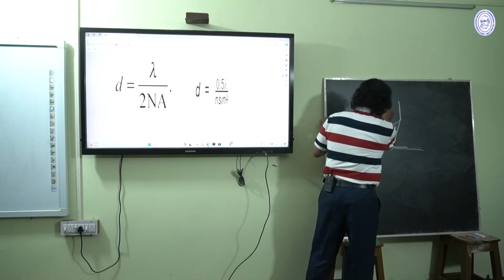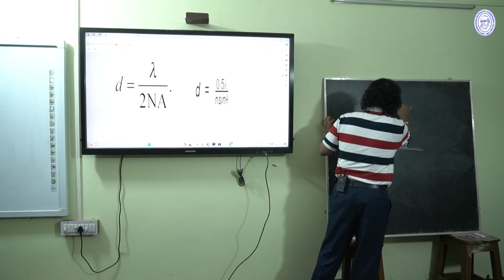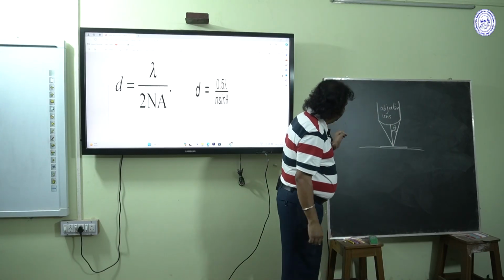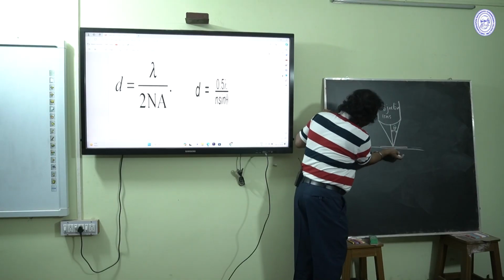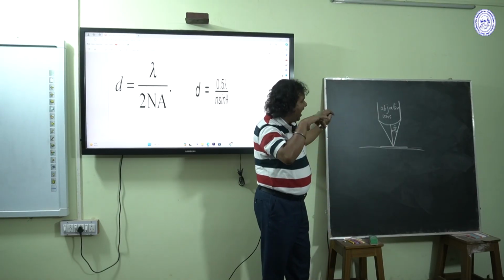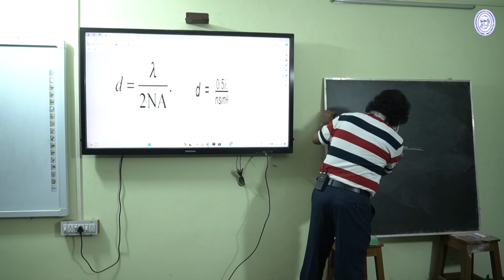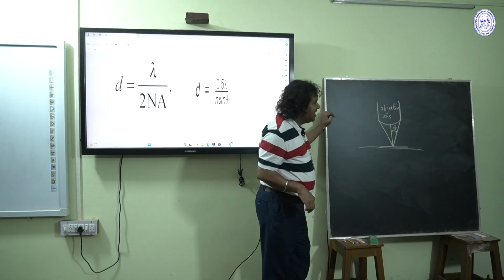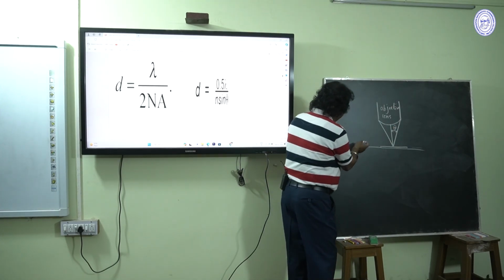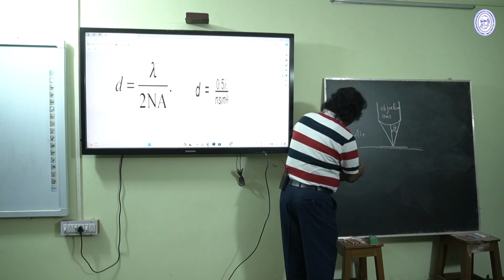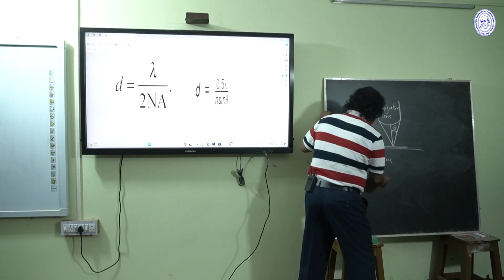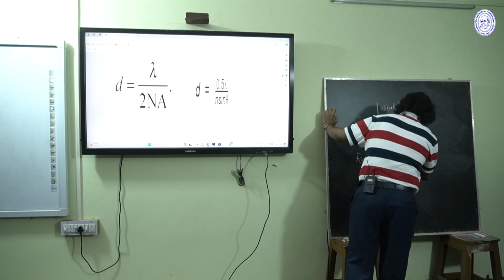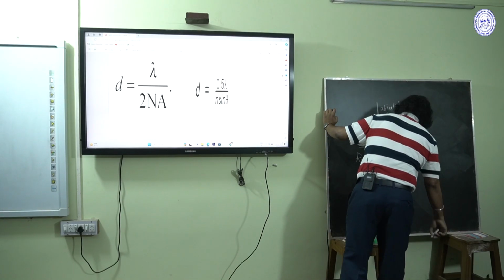This is the objective lens. The light rays passing through the specimen slide create an angle. Theta is the half angle. The medium that is used is air, and its refractive index is 1.